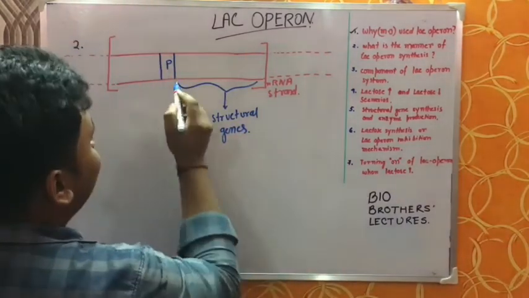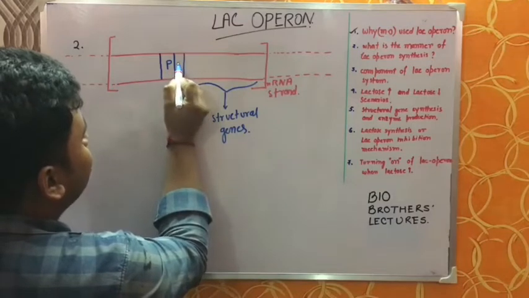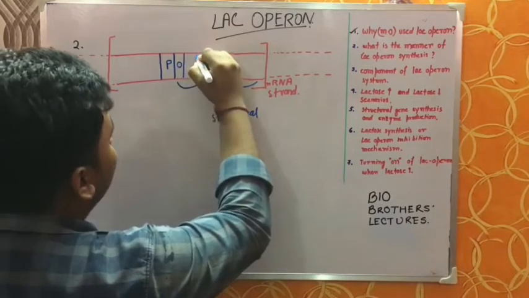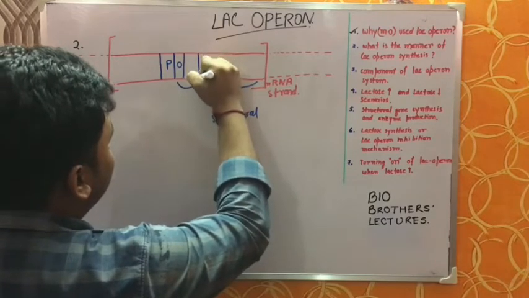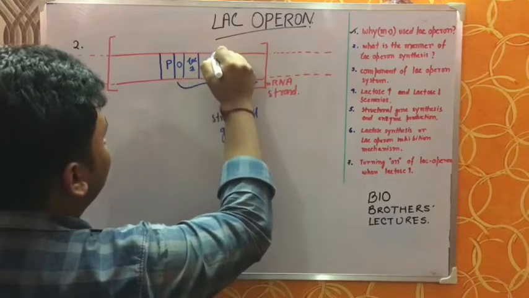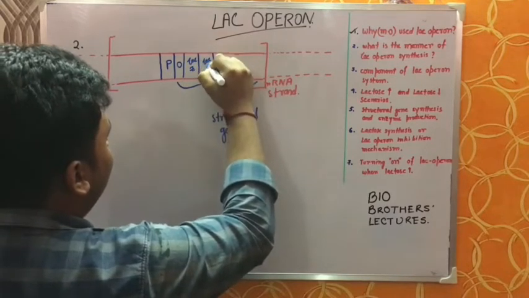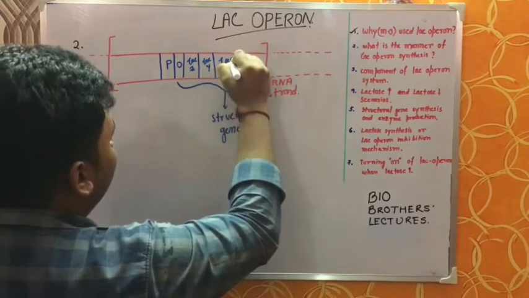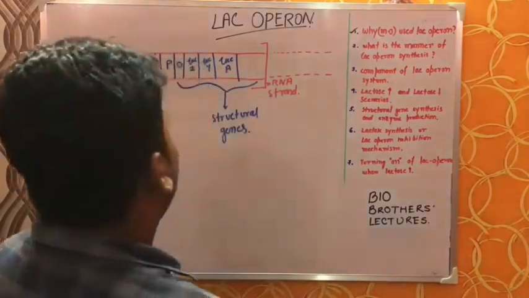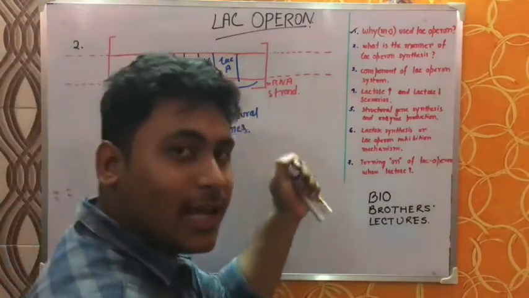After P, there is an operator site. And there are lac Z, lac Y, lac A. These are the structural genes which ultimately catabolize lactose.